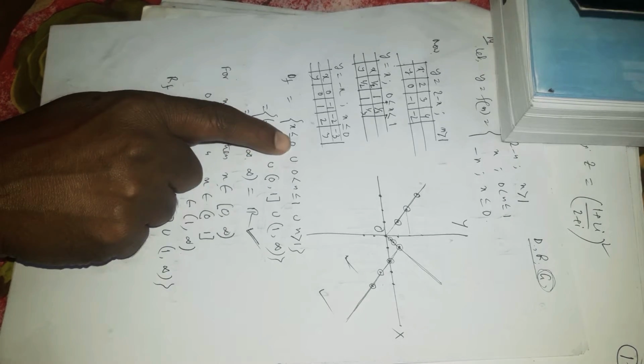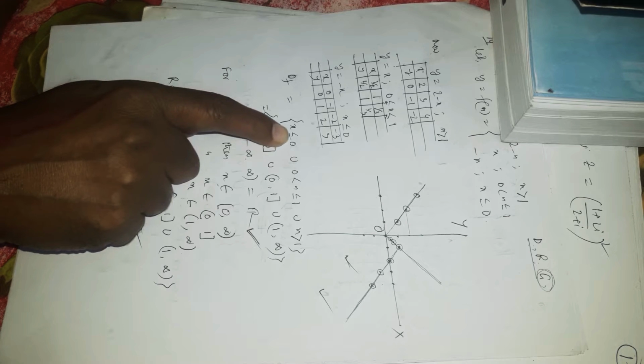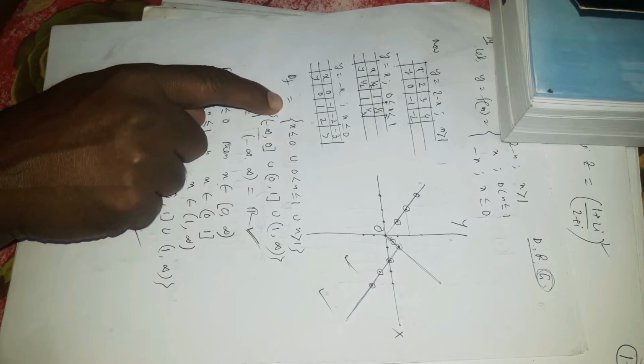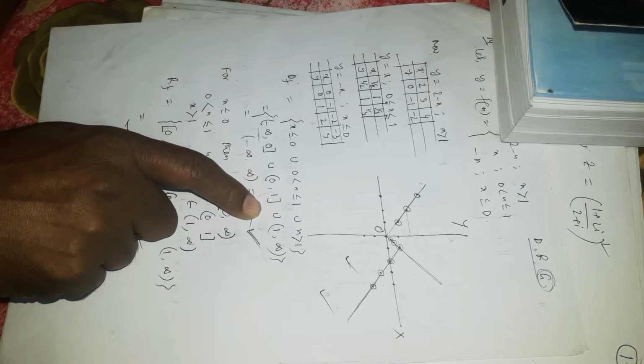So we have three points. For the domain, x is 0 is a third bracket because of less than or equal, and it goes to minus infinity. So x is 0 is the first bracket, and x is 1 is the third bracket.